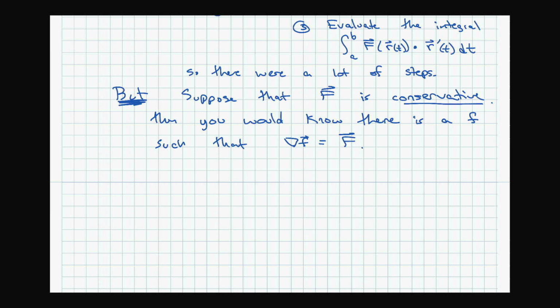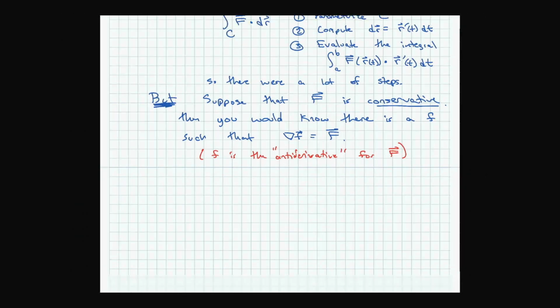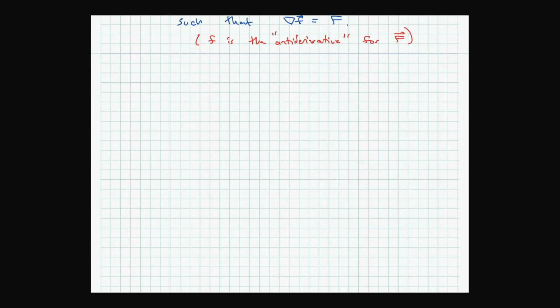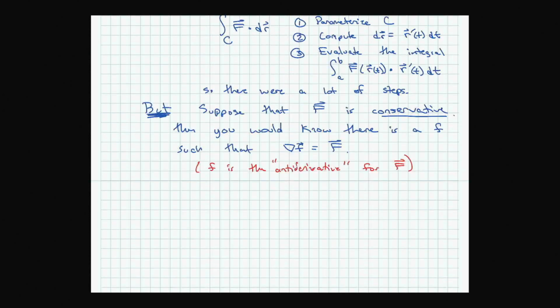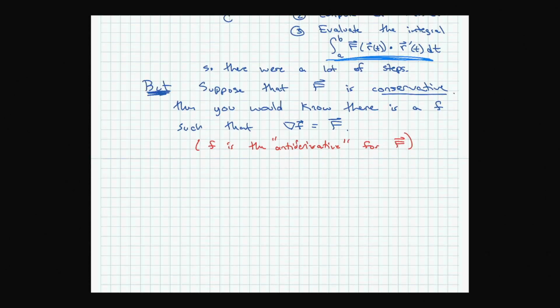And basically what this little f does is it acts like an antiderivative. So little f is the "antiderivative" for big F. Okay, because here's why. If we look at this final integral that we're doing here, the integral that you end up with.